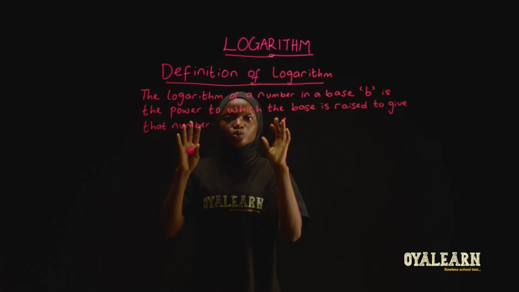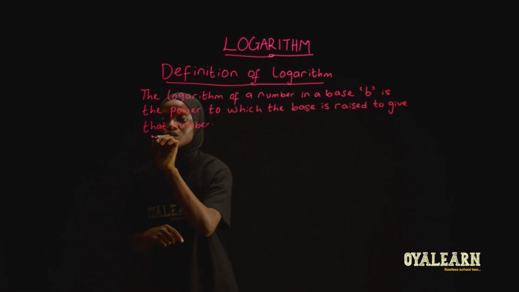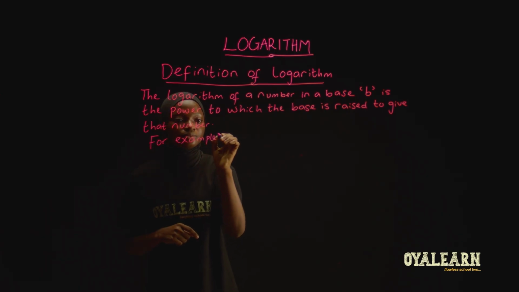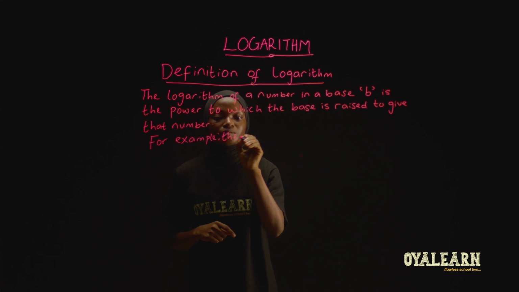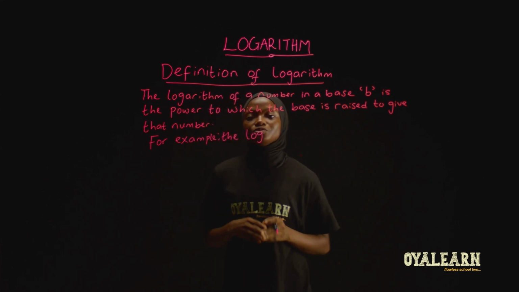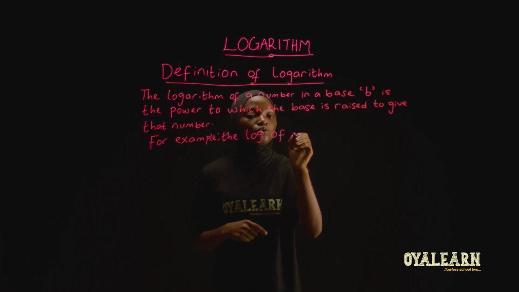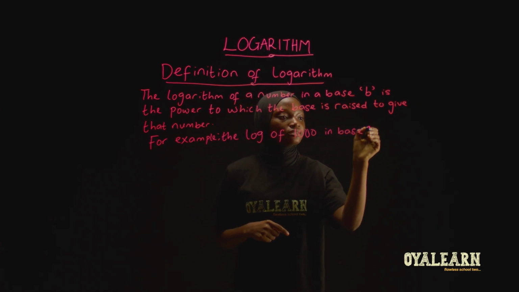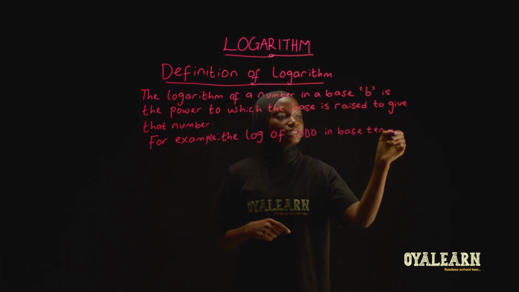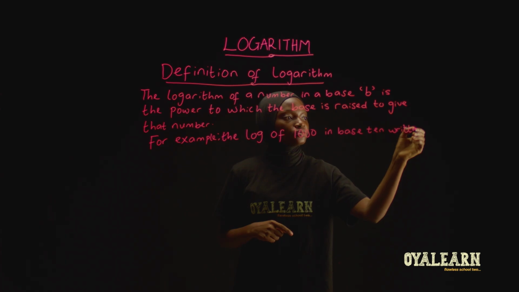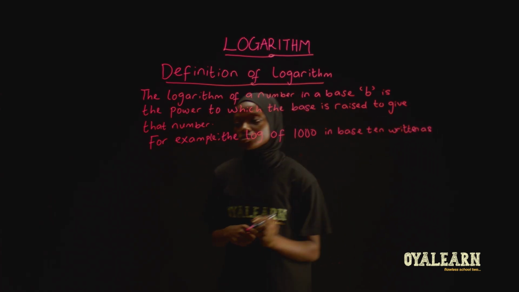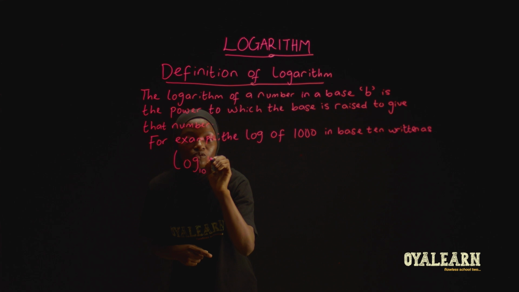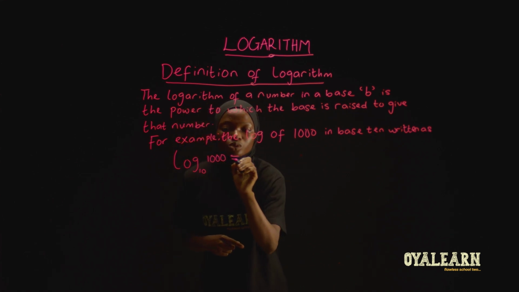Let's look at an example to explain this definition. For example, the logarithm, the log (we use this shortened form for the logarithm), of 1000 in base 10, written as log, with the base written down as a suffix like this, log base 10 of 1000, would be equal to 3.